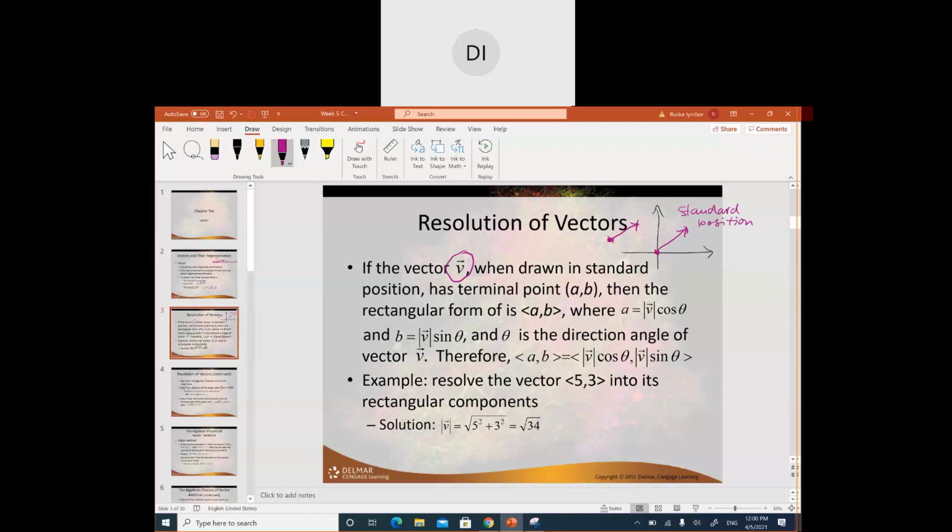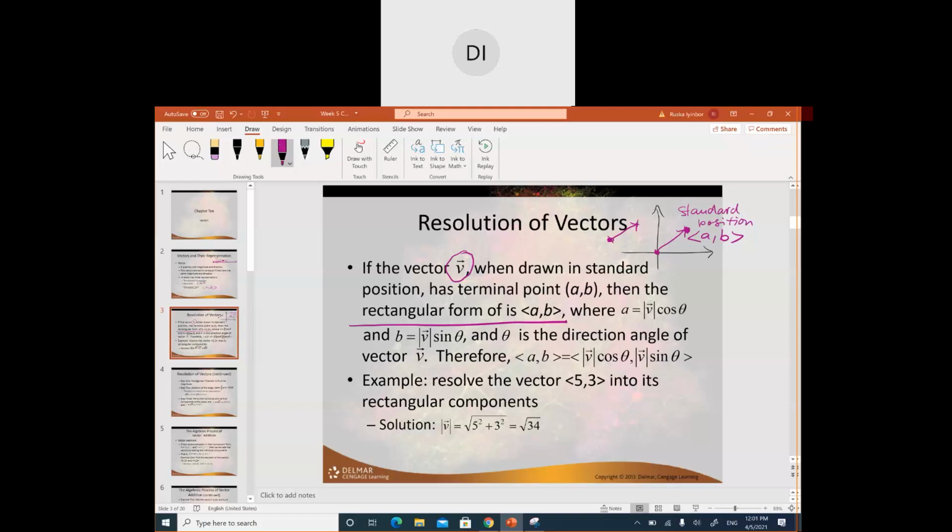Okay, so this is the standard position vector, and this is how you write the rectangular form. The coordinates of this point are going to be A and B, right? Because we start from the origin, from 0, 0. Now, what are A and B? These are the formulas for A and B. We have the same formulas for polar and rectangular coordinates that we talked about last time, right?